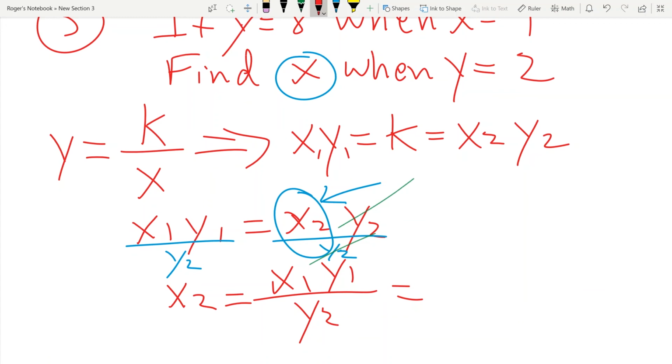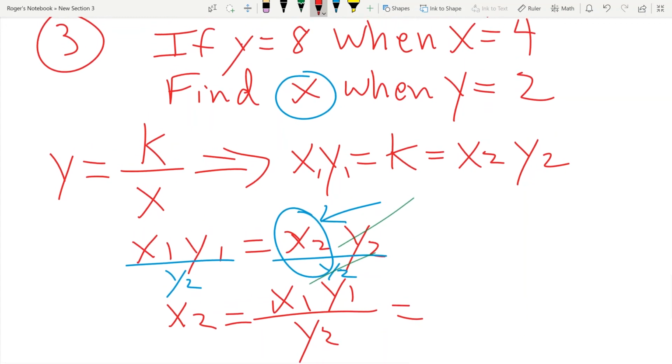What was x1? If y equals 8 when x equals 4, so it's 4 and 8, so x1 times y1, 4 times 8, and then we divide all of that by y2, which is 2.